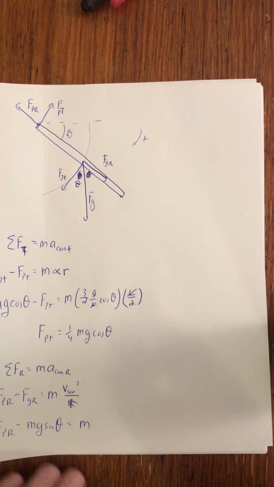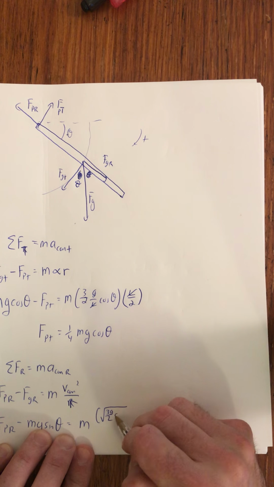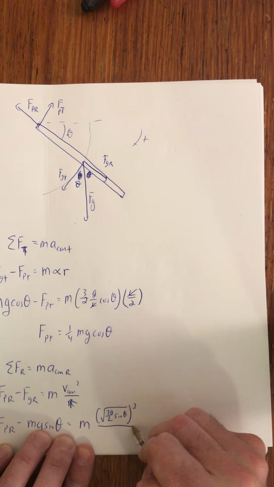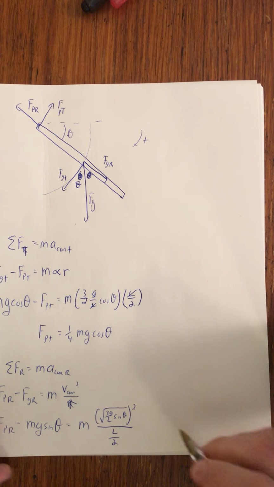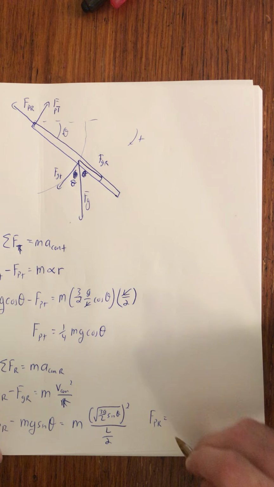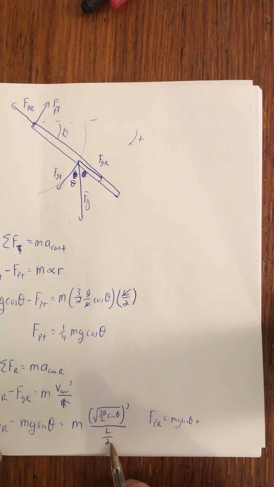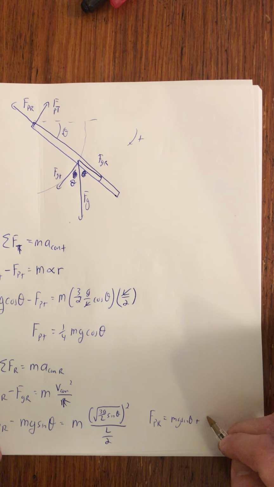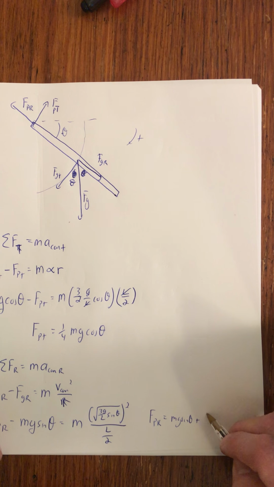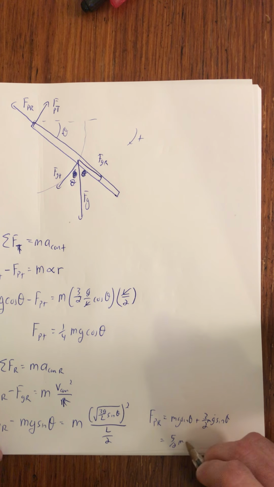We saw that the generic term at any given point along the swing was 3g over L sine of theta, quantity squared, and that's L over 2. So putting that together, FPR is equal to, add that to the other side, mg sine theta plus, and this just becomes a bit of a mess, but what does that become? The L's go away, the square, it becomes 3 halves g sine theta times m, or 5 halves mg sine theta.